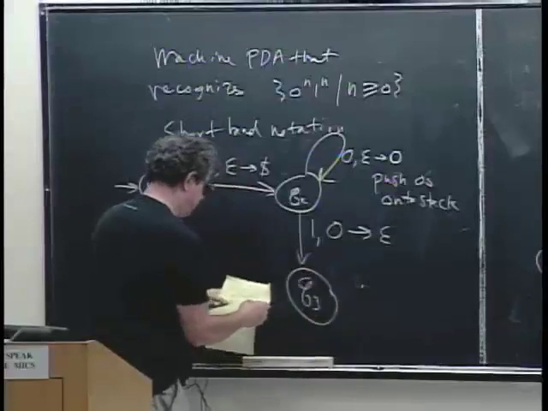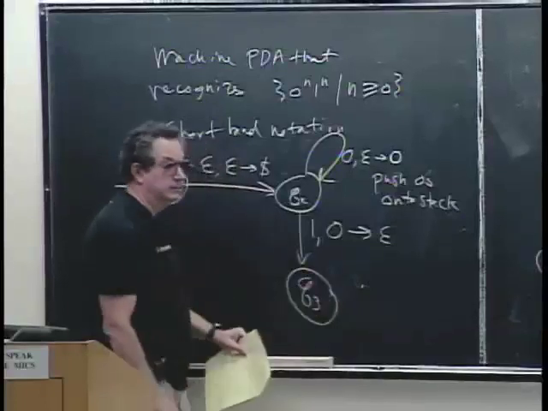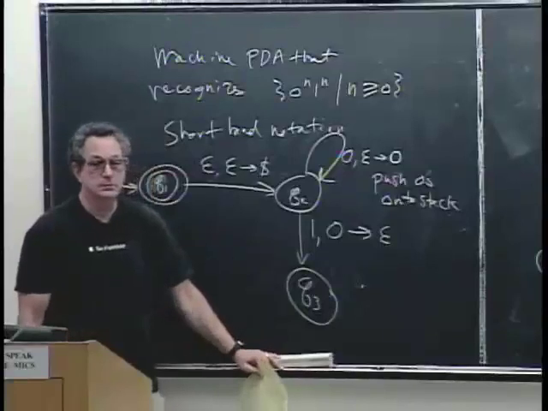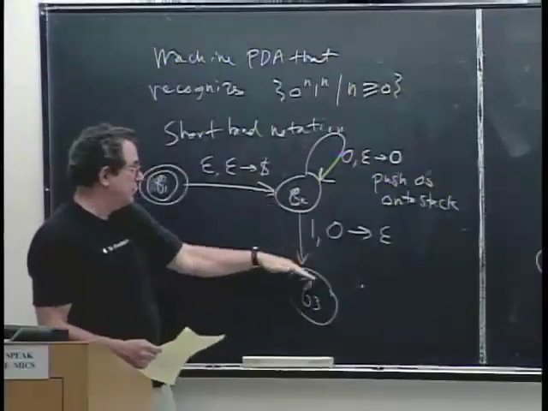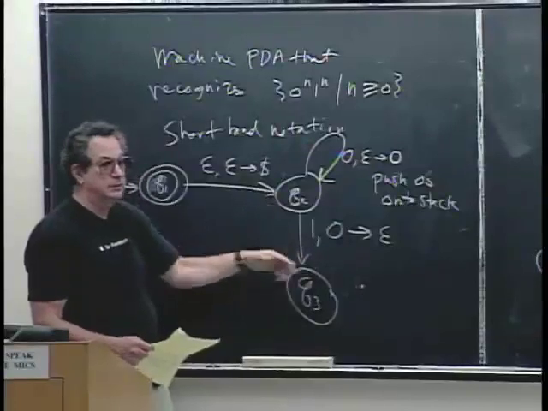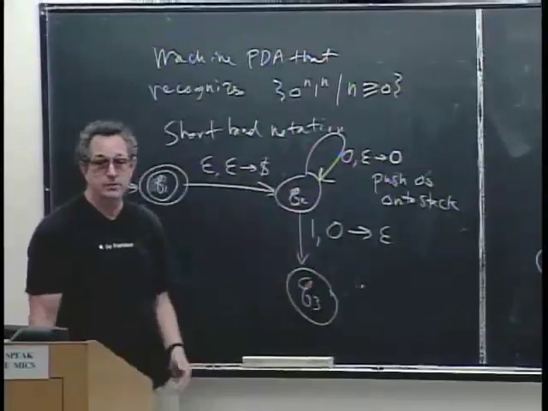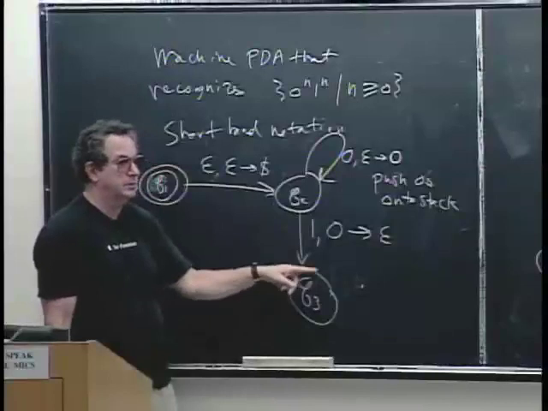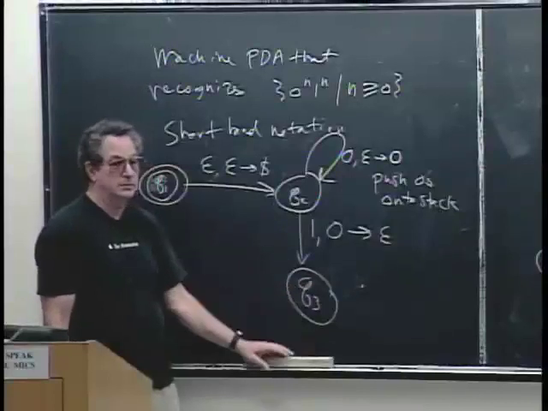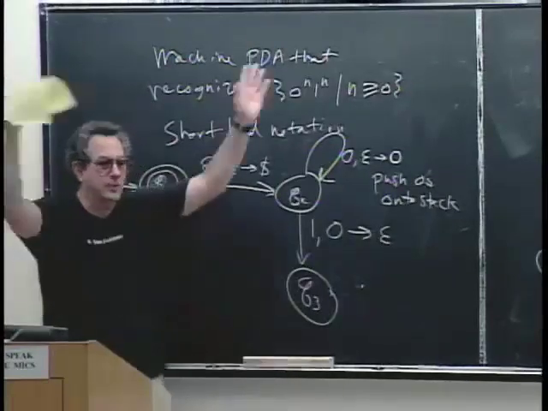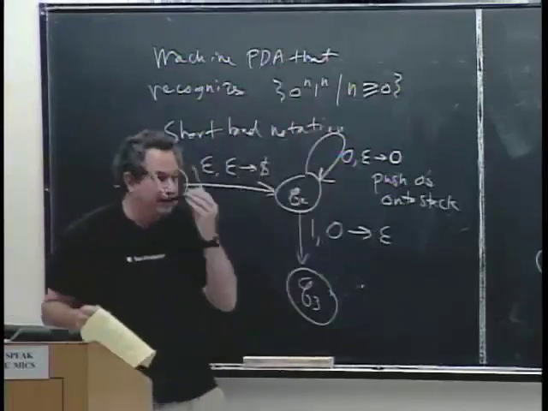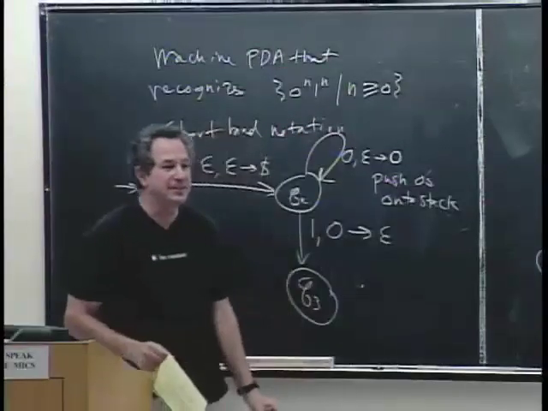Q3. What should we do in Q3? So this was the change here. We were seeing zeros. Now we're seeing ones. We're into the region of the string where we expect we're going to see ones. What should we do here? The same thing as you do from Q2 to Q3.